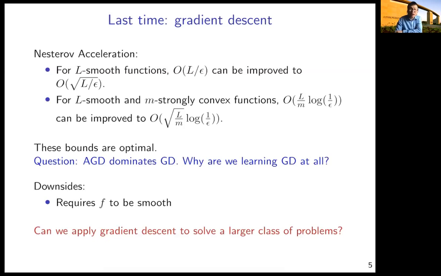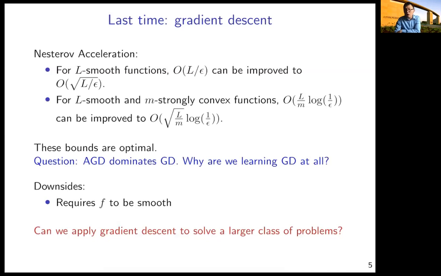So it turns out that there are better algorithms than simple gradient descent called accelerated gradient descent. We didn't talk about how that works, nor the algorithm or its analysis, but we can understand it from the complexity point of view.